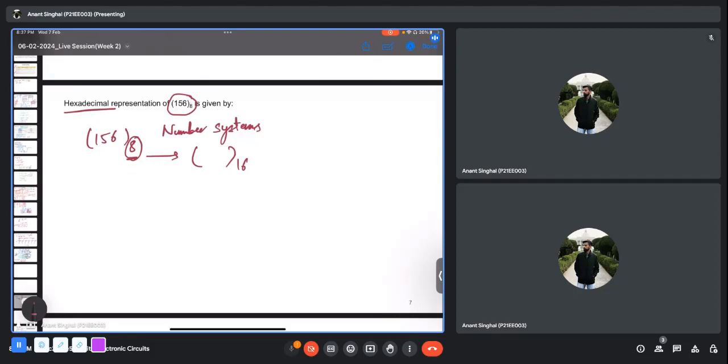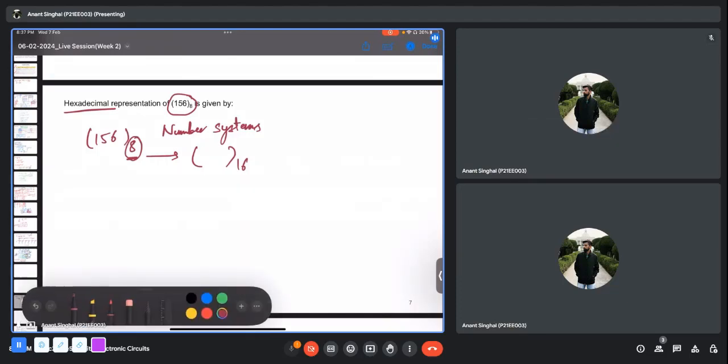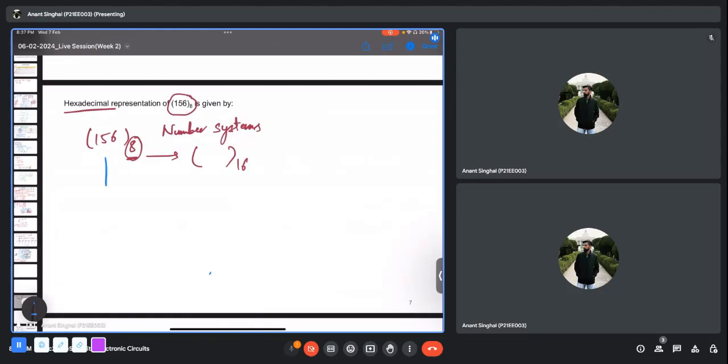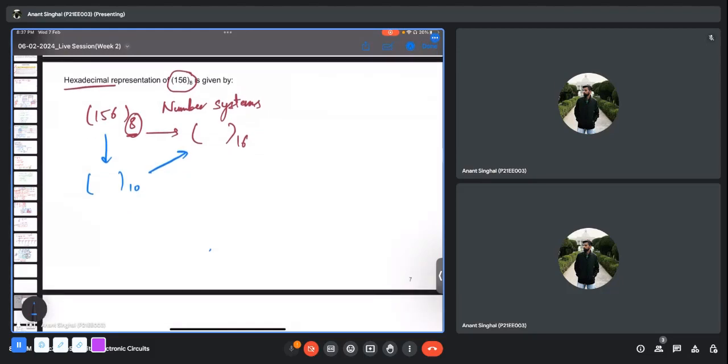So there can be two methods. First is the conventional method, in which you convert the number into its equivalent decimal form, and then doing the LCM part and all, you can convert it to the hexadecimal form. So let's follow the conventional method first, and then we'll proceed ahead with the shortcut method.